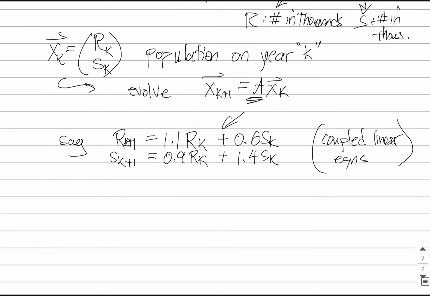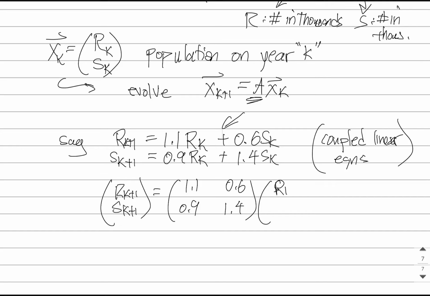You can take this and write this system as r_{k+1}, s_{k+1}. You can store it in a vector, and then this allows us to write our system in matrix notation. And this is what we are talking about when we say we have a dynamical system. We have a linear system where the output or the future state is dependent on some previous state.